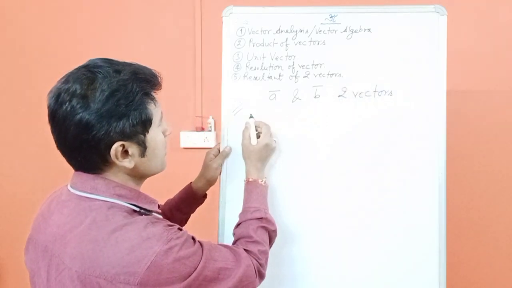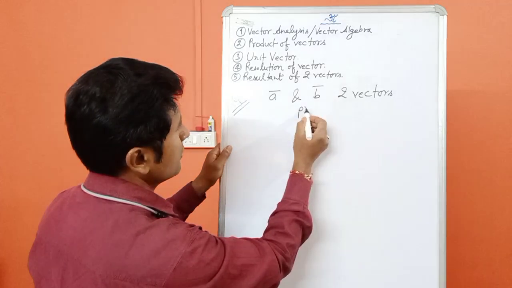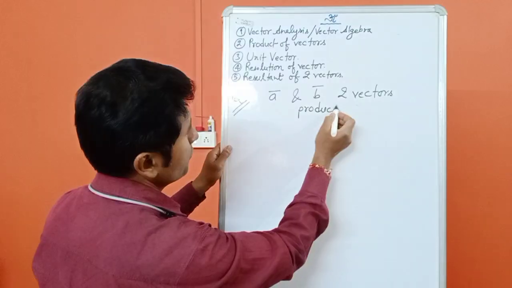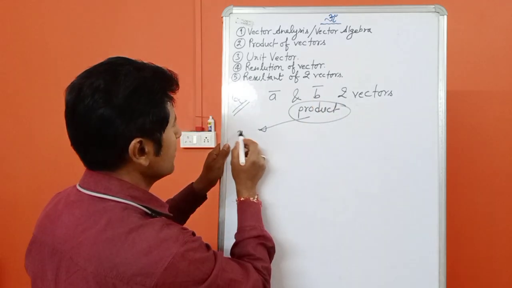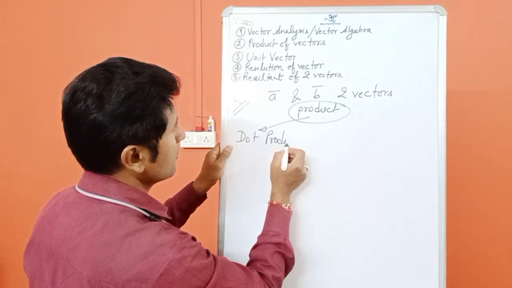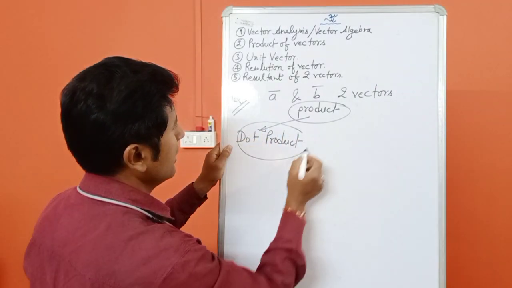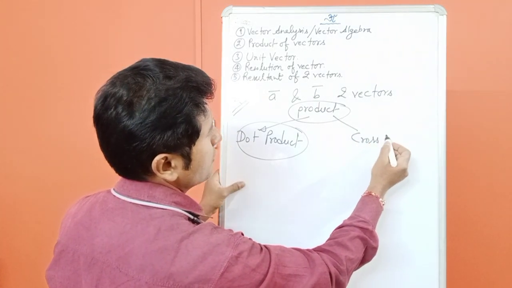Now their product can be defined in two ways. First is dot product and the other is cross product, right?